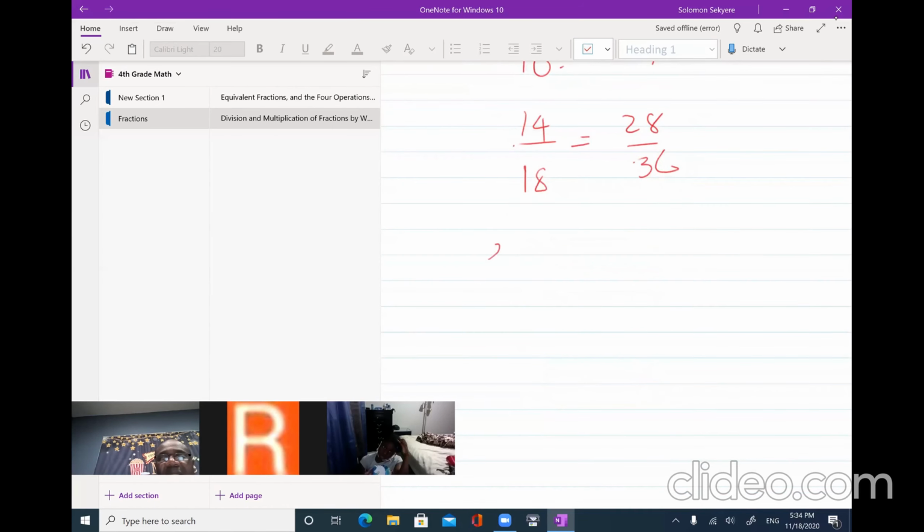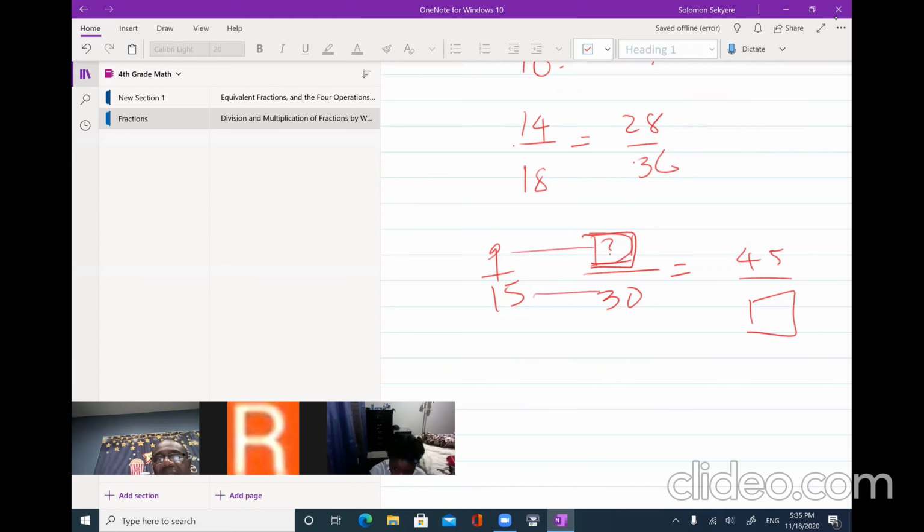So if I write 9/15 and I say this box, and this is 30, equals to 45 over a box. Okay, what goes in this box? Equivalent fraction, what goes in this box?